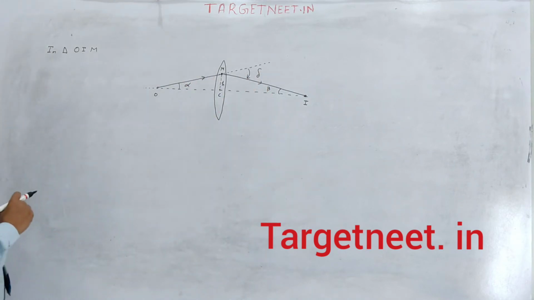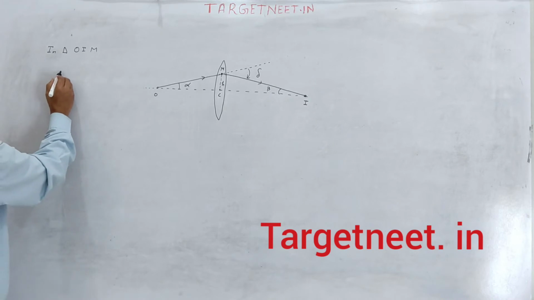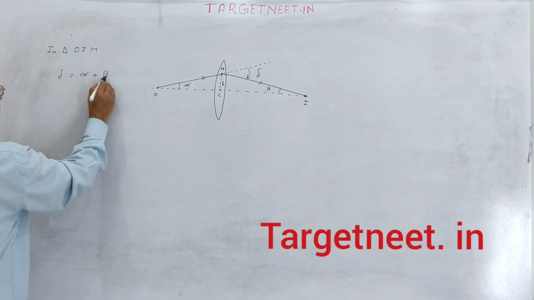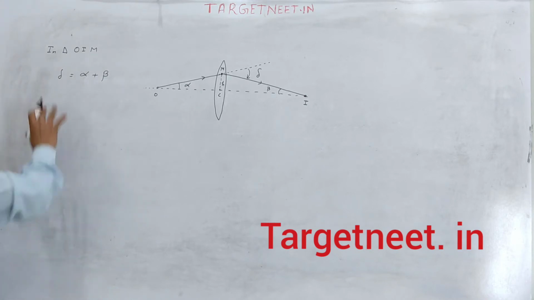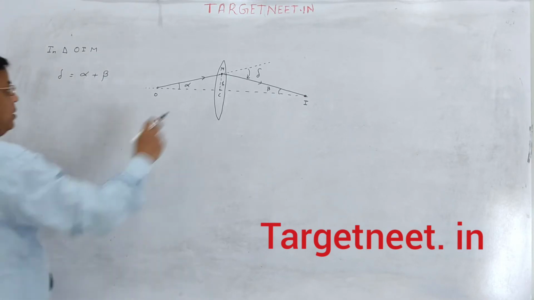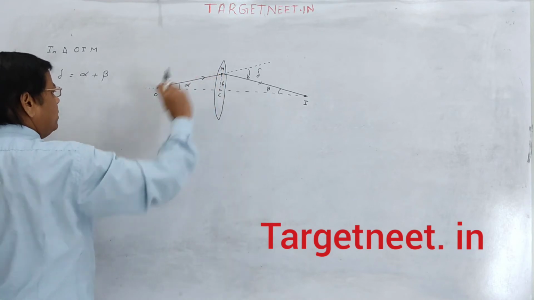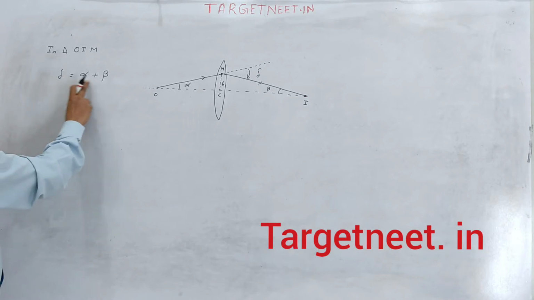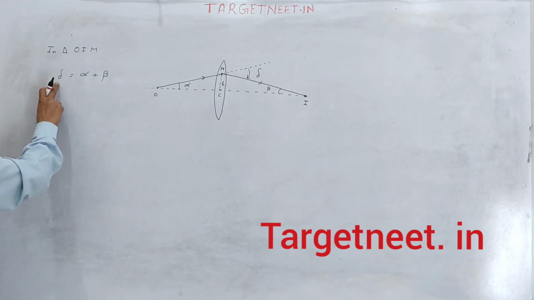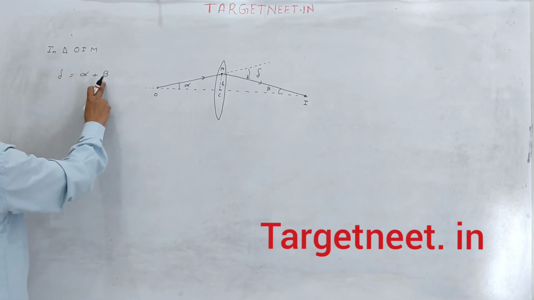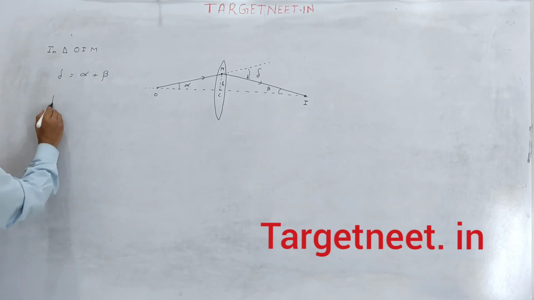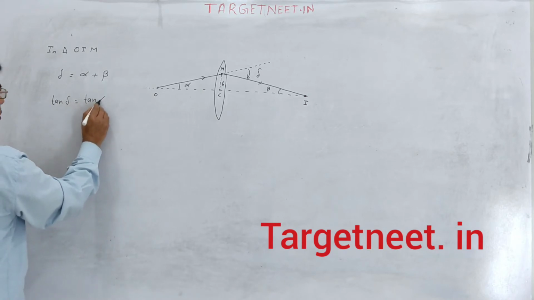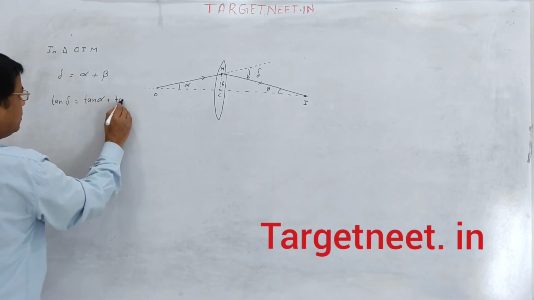This is a property of a triangle, so we can write delta is equal to alpha plus beta. And these angles are small. Here point M is very near to C, so h is very small. Hence angles will be small, so we can take tan delta equal to tan alpha plus tan beta.